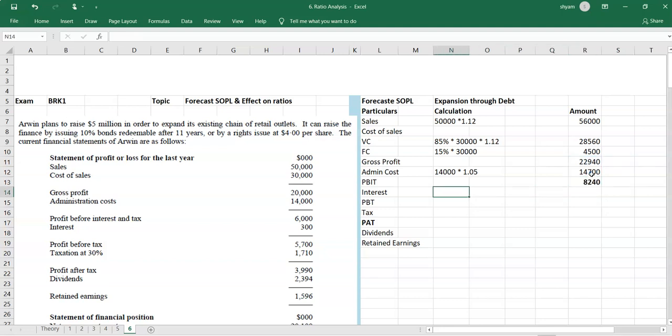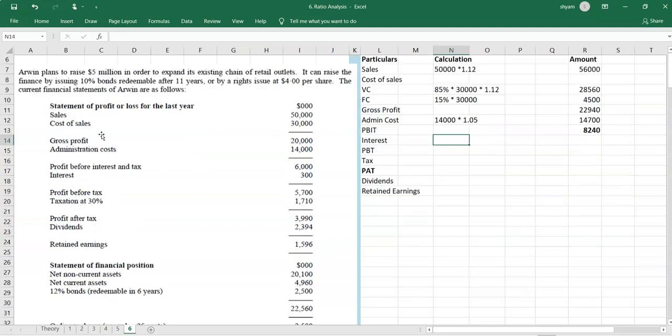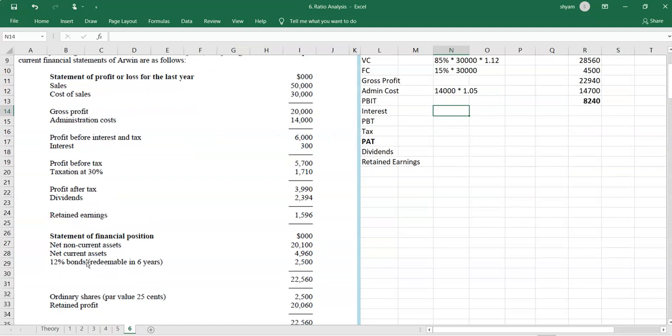Then there's interest. Interest is where things get interesting for us, because the company is going to issue bonds. Let's see whether the company already has bonds. Yes, the company already has bonds, so we have to do a working note here. Working note 1, and this is for interest.